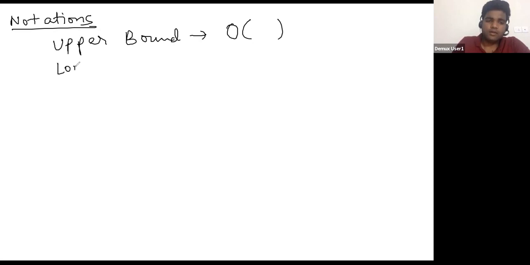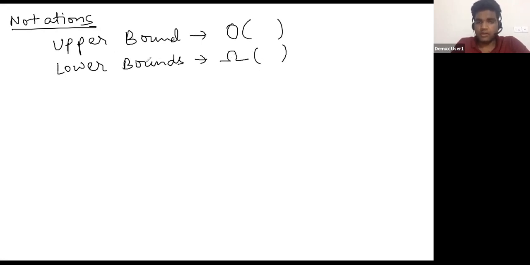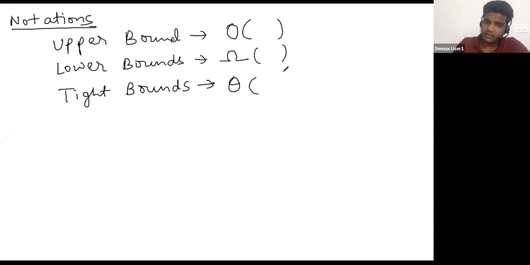On the other hand, we can also have lower bounds on the running time, wherein we say that the program will take at least this much time to run, and typically we use omega to denote such time complexities. We are also interested in exact tight bounds, which is roughly the exact time that the program takes to run, and that typically is denoted by theta. That's all we have done so far.